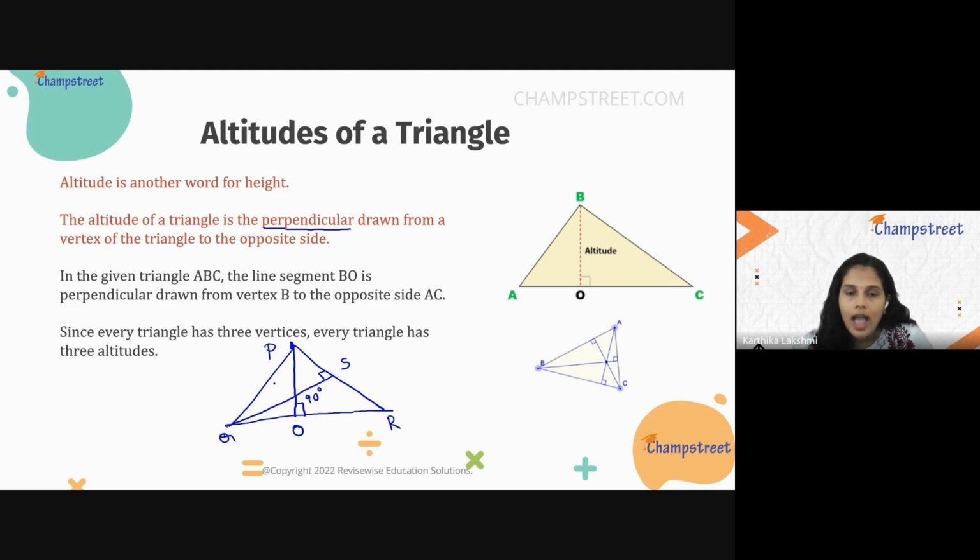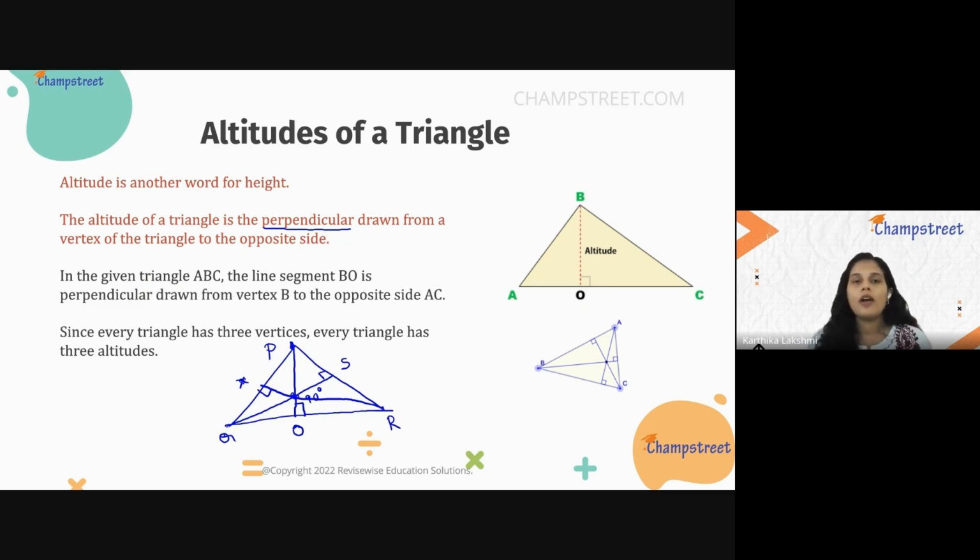Similarly, I am drawing a perpendicular from vertex R to PQ, and naming the foot X. Then RX is an altitude. So a triangle has three altitudes, and the point where all three altitudes meet is called the orthocenter of a triangle.